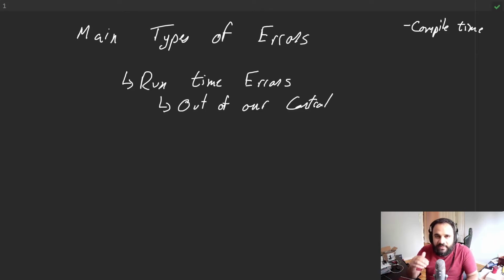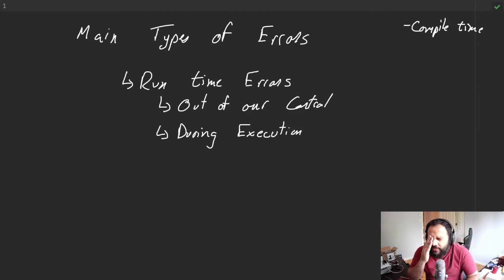The same thing as what happens when electricity cuts off. What if the user's computer is full and there's no more hard drive space? There's a lot of things that could happen that's not within our control, but we know when it happens, right? The problem with runtime errors is that they happen during runtime, so during the execution of your application.